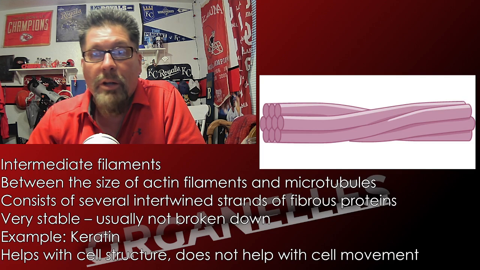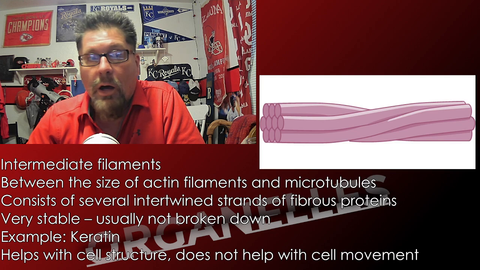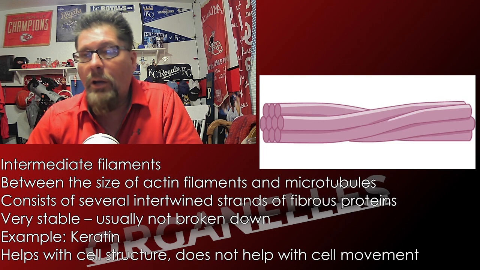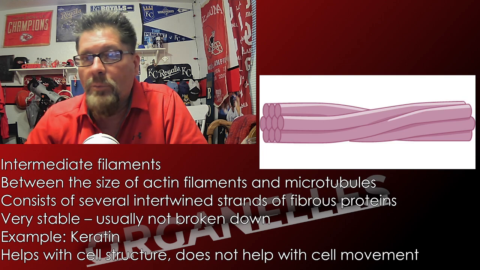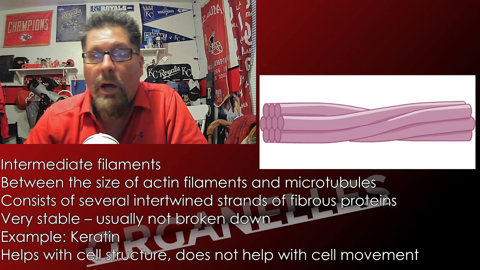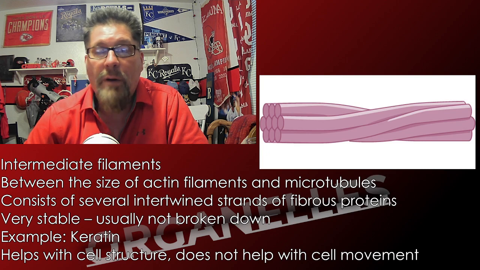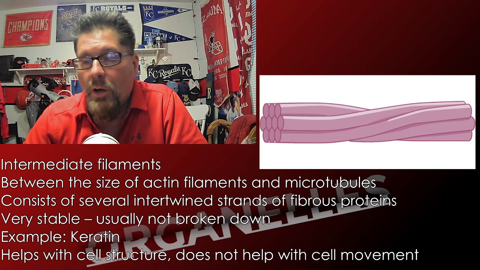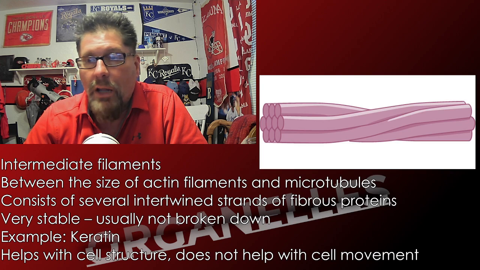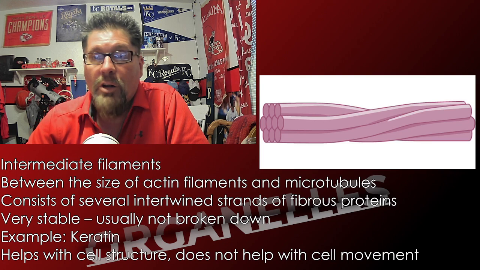Next, we want to talk about the intermediate filaments. Intermediate filaments are all over. They make a huge crisscross pattern all around the cell, and they're designed to connect everything together. You can think of a big spider web if you want to. You can see from the picture, their structure is pretty strong.